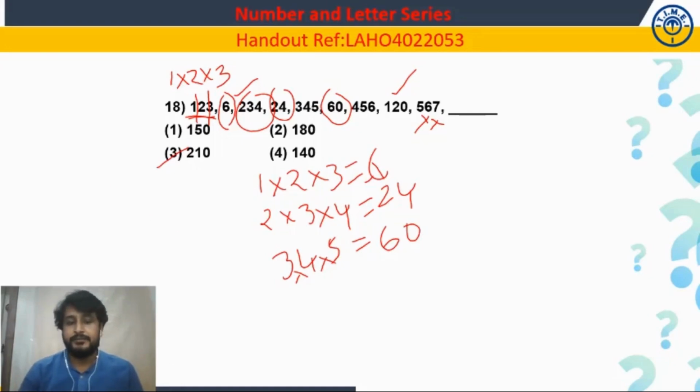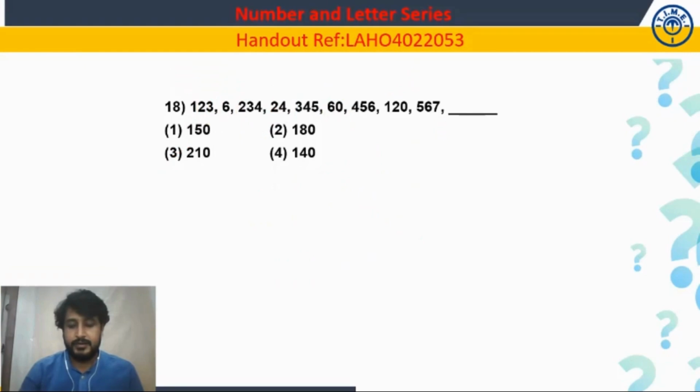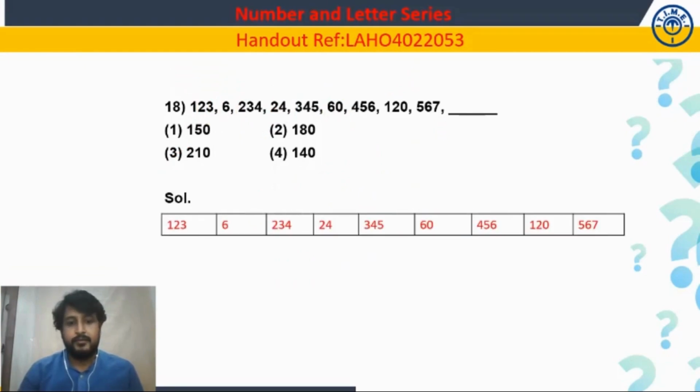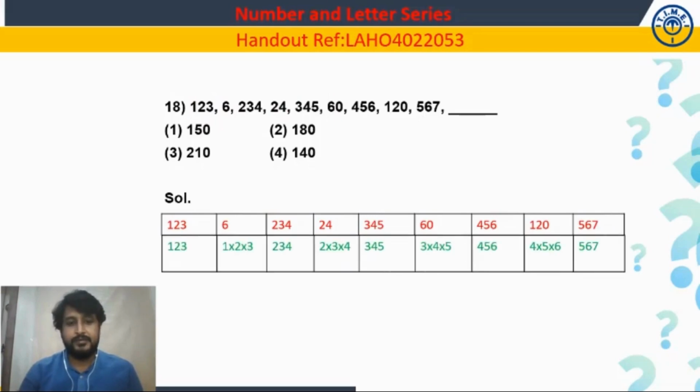The second number is obtained by doing the product of the digits in the first number. Okay. Note the logic. 123 gives 6. 6 is nothing but the product of the digits of the previous number, 1 into 2 into 3. 24 is the product of the digits of the previous number, 2 into 3 into 4.